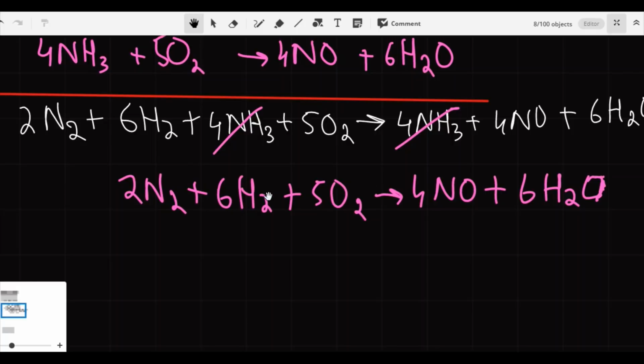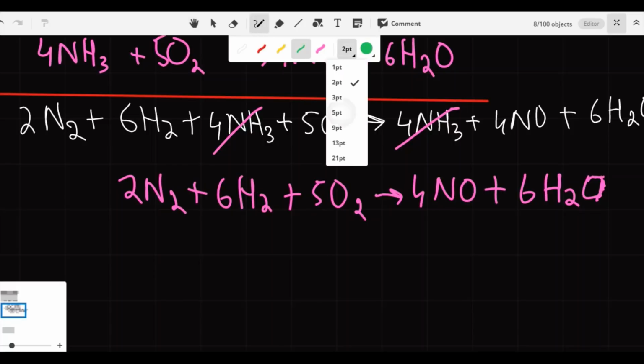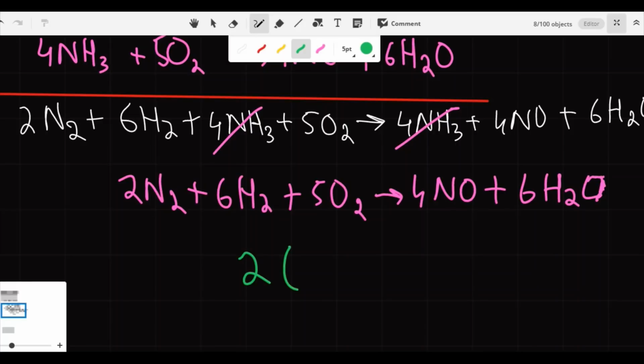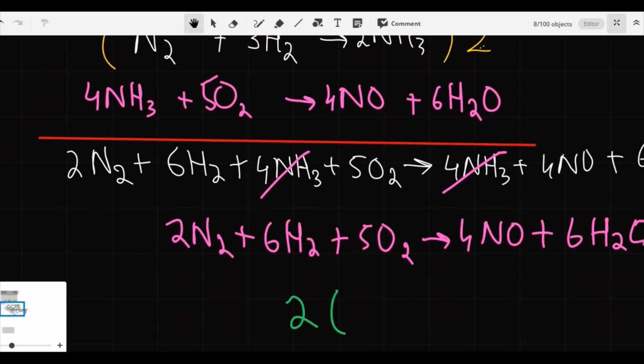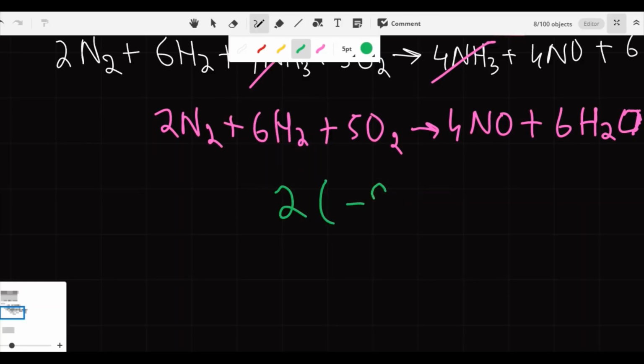That is, in this case, the net reaction enthalpy equals 2 times the reaction enthalpy for the first step, which is negative 92, plus the reaction enthalpy of the second step, which is negative 905 kilojoules.